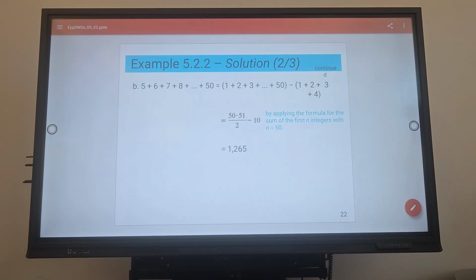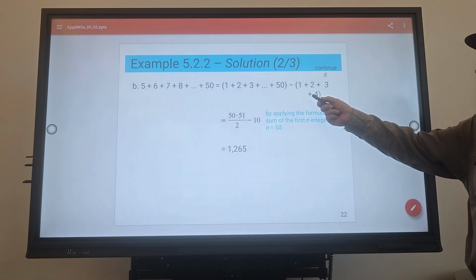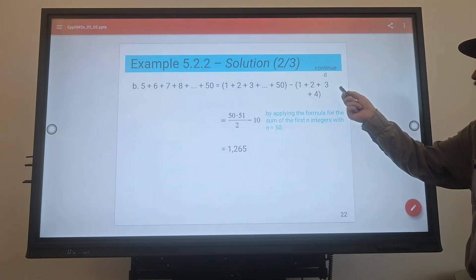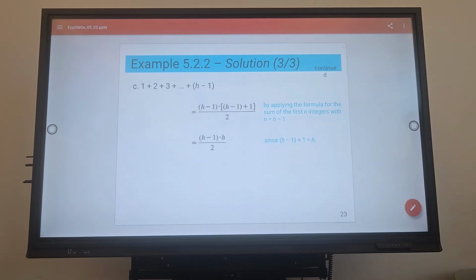And then here, do the first 50 positive integers and subtract 1 through 4. And then substitution for n minus 1 for n, and you get this here.